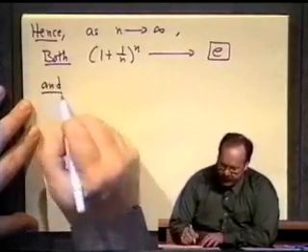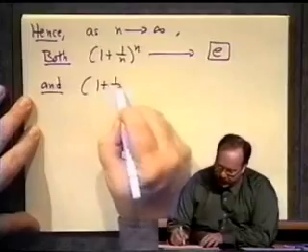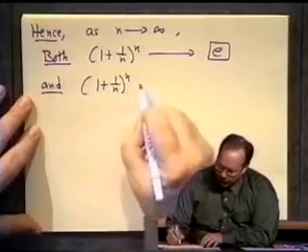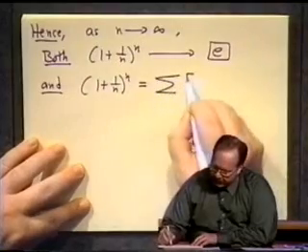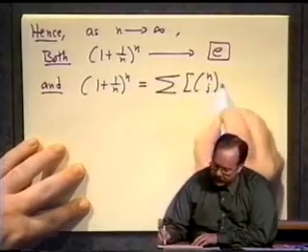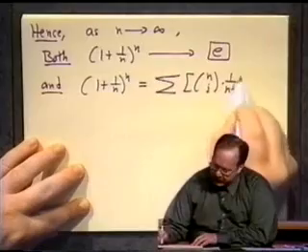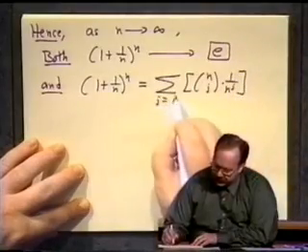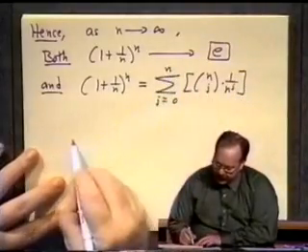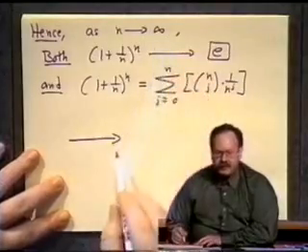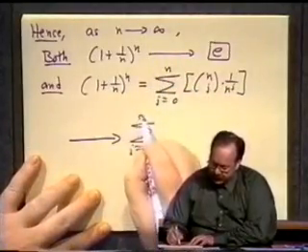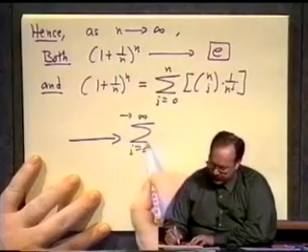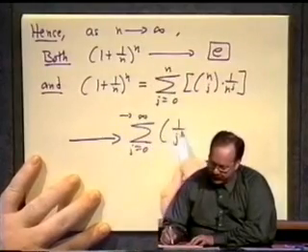And now we know that 1 plus 1 over n to the n, which can be written as the sum of the n choose j's times 1 over n to the j's, where j goes from 0 to n, under n going to infinity itself goes to the sum of j equals 0 to infinity now of the 1 over j factorials.